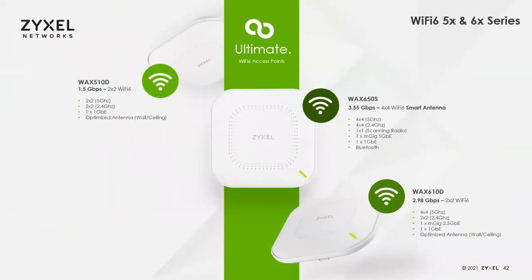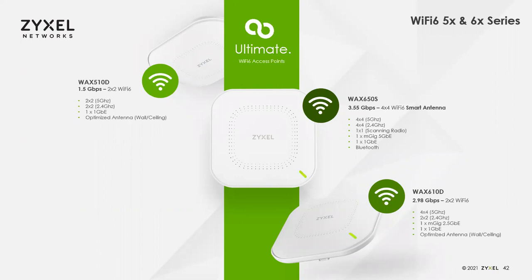Then jumping up here to our Wi-Fi 6 products, we have the WAC 510D. That's going to be our entry-level 5 series access point. So it's going to be very similar to the NWA 110AX. The improvements on this is you get dual optimized antennas, and you get the ability to be controller managed, and you get that 1 year of Nebula Pro Pack bundled with it.